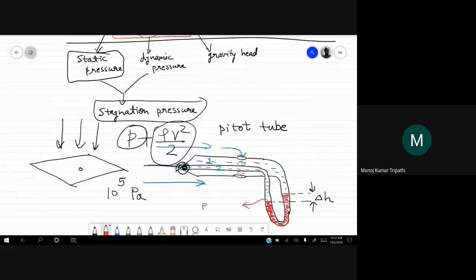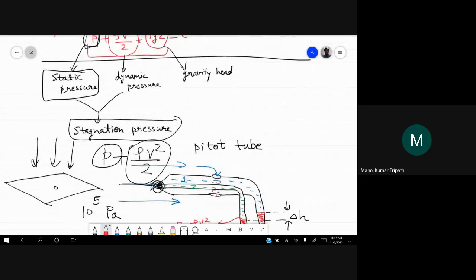So this is P plus rho v square by 2. It is known as stagnation pressure because all the energy of the fluid is converted to pressure energy here. The fluid comes to a rest as it hits this hole. It is not moving anymore. So all the energy has been converted to purely static pressure, or it is known as stagnation pressure in this case.